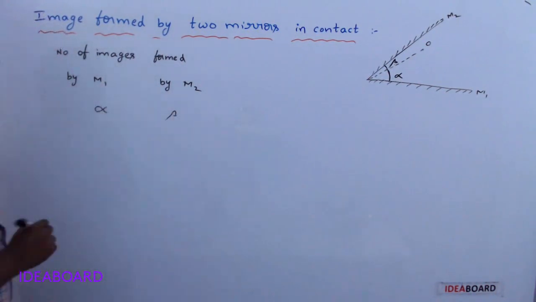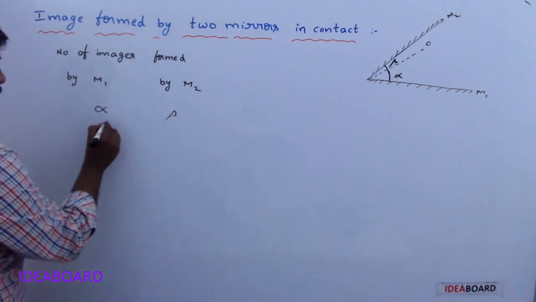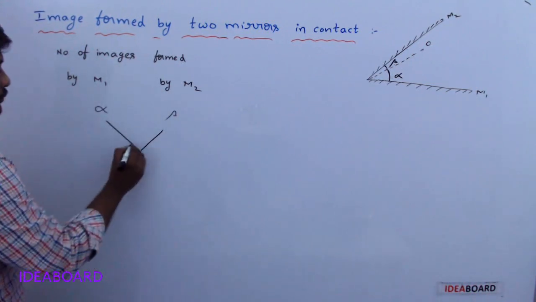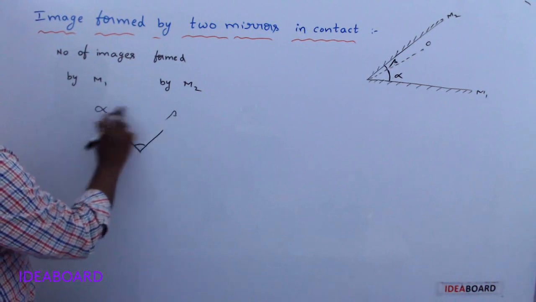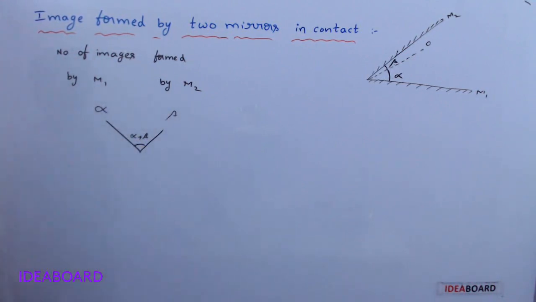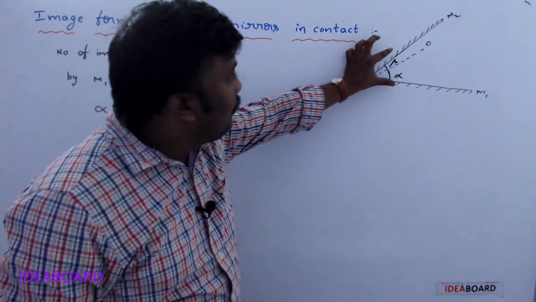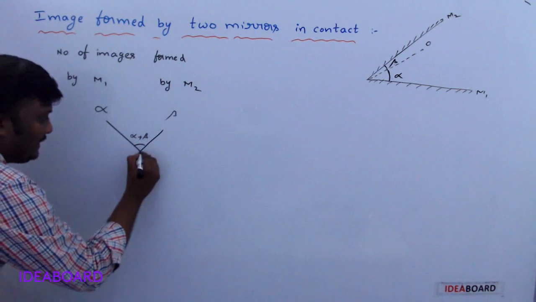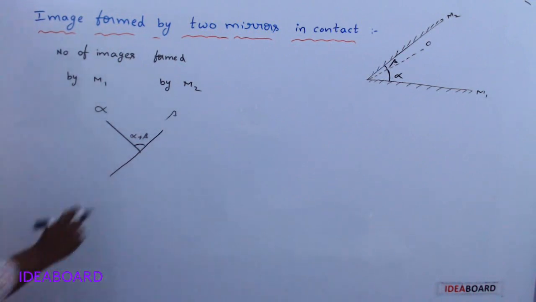Very easy. Listen carefully. What is the total angle between these two? Nothing but alpha and beta, so you get alpha plus beta. The angle between the two mirrors, the total angle. Clear?